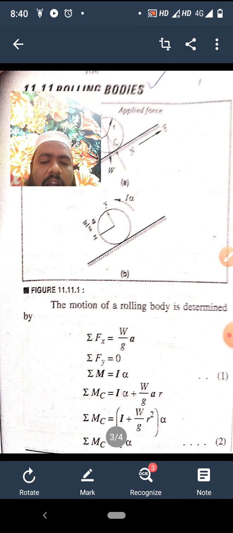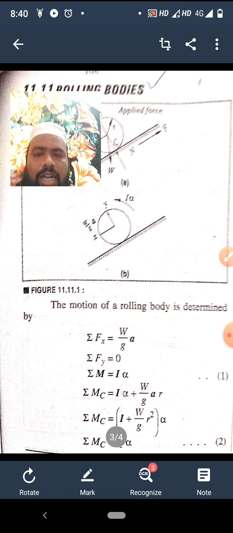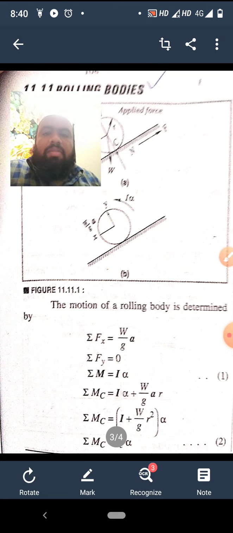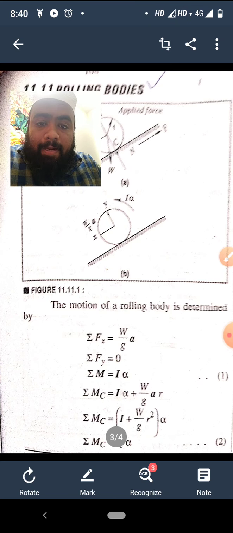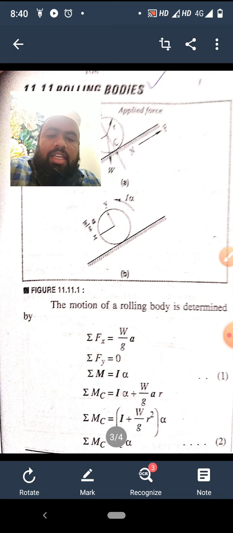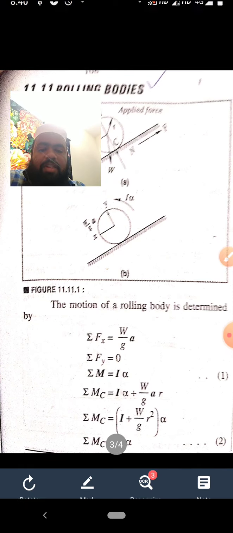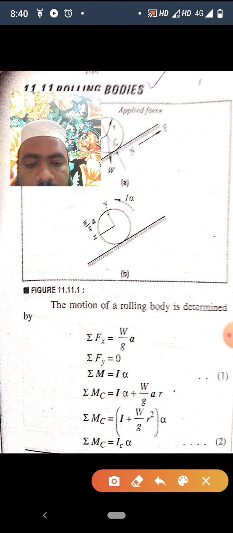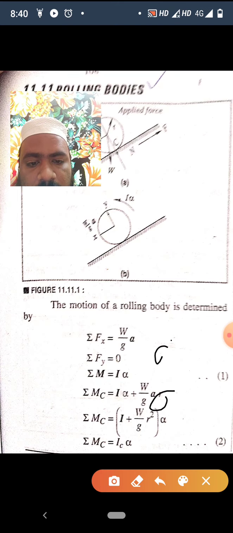So MC is equal to I alpha plus W by G into a R. Why does this a R come into the picture? There is a relation: linear acceleration is nothing but the product of angular acceleration and radius, so in place of that he substituted the value. So finally, MC, the algebraic sum of the moments about point C, is equal to I plus W by G R square, into alpha. Here you don't get confused, this is alpha.